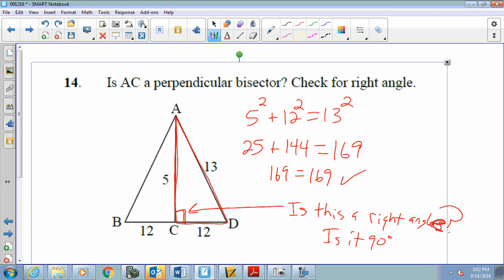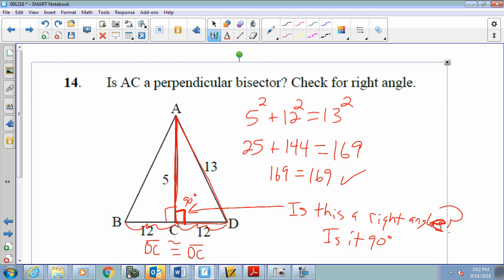So that means, yes, this is a right triangle, which means that this is a right angle, 90-degree angle, which means that AC is the perpendicular bisector because these are equal, right? These are equal to one another. BC is congruent to DC or CD. And we have 90-degree angles.